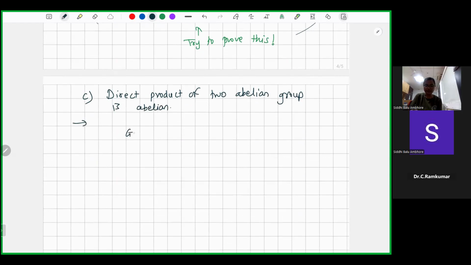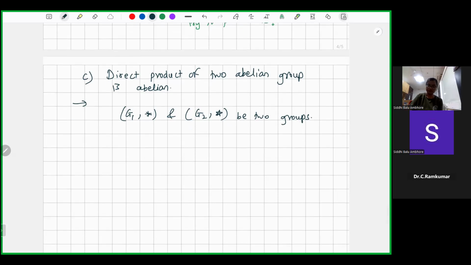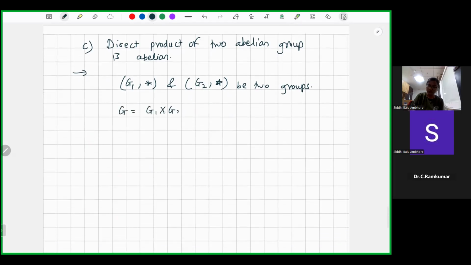Okay, and as I said, if G1 and G2 are groups, with operation star, and G is G1 cross G2, the direct product of G1 and G2, then let (a, b) and (c, d) belong to this G1 cross G2, or G.